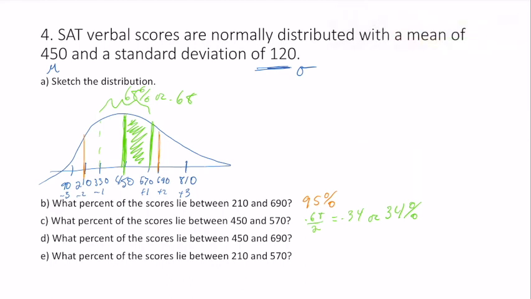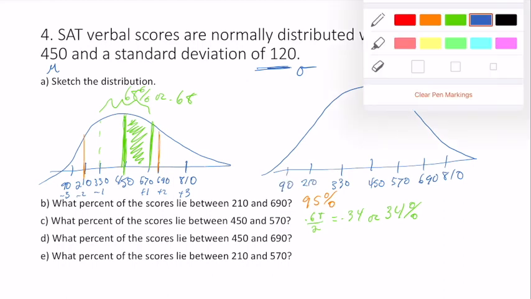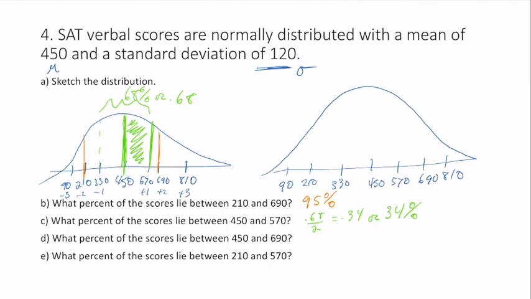I'm going to do the same thing for our next question, but I feel like we deserve a brand new, clean graph, don't you guys? Okay, so now I am looking for what percent of data values fall between 450 and 690. 450 is our mean. 690 marks our second standard deviation.